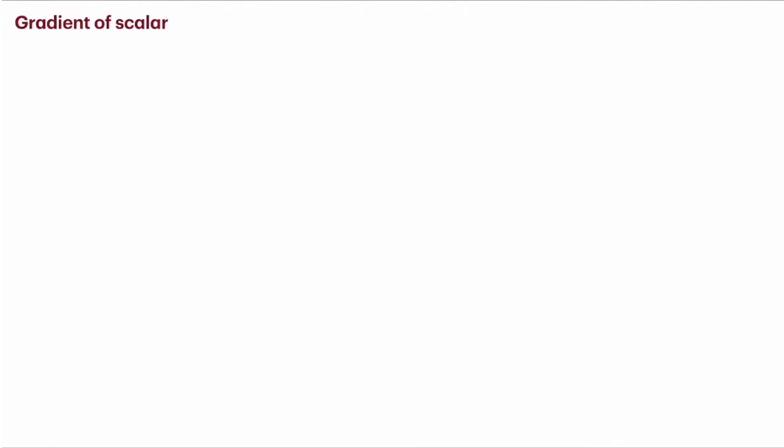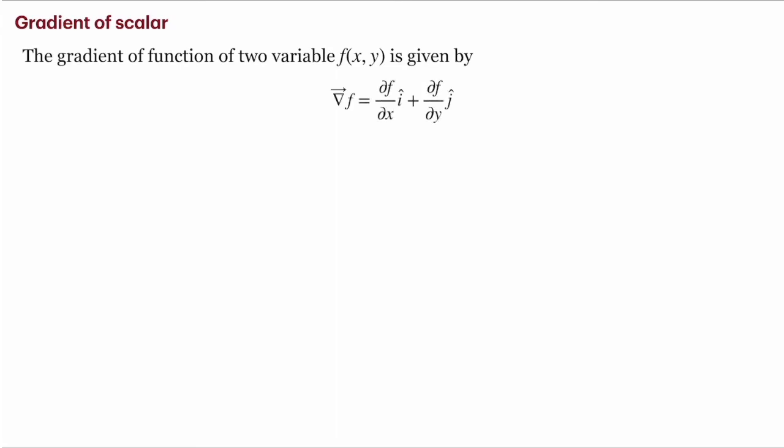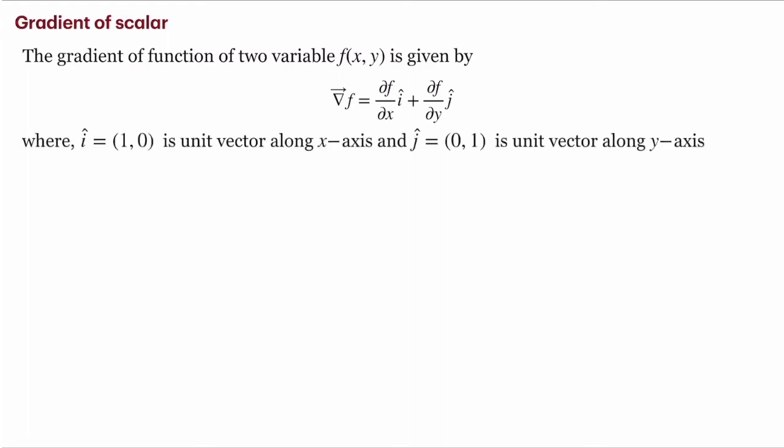Let's quickly define some of the geometric concepts to make the connection proper. The gradient of a function of two variables f of xy is given as gradient of f equal to df by dx into i cap plus df by dy into j cap. i cap is the unit vector along the x-axis, that is 1, 0, and j cap is the unit vector along the y-axis, that is 0, 1.